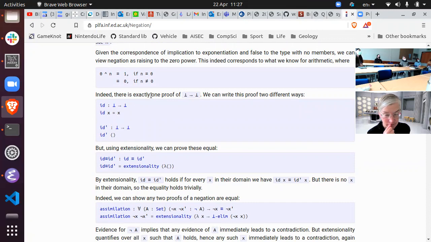Interesting. So they're saying there's exactly one proof of bottom to bottom. Well, if you assume extensionality, sure. Yeah, that is fair and possibly interesting. But of course, extensionality isn't valid in Agda's system. So it's a bit of an odd statement, because in Agda's system there are two proofs that Agda considers distinct.